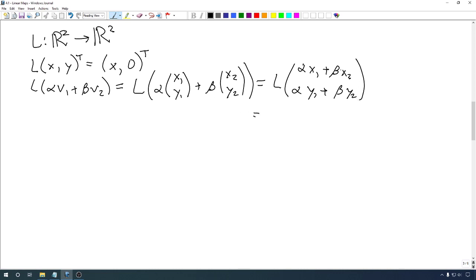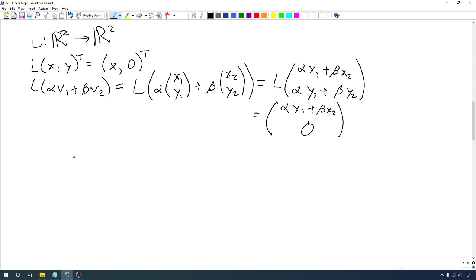And then what does our definition say? That means that we're just taking this first x and then leaving it as it is, but we're changing the y to a 0. So we have alpha x1 plus beta x2, but then we just have 0 here.